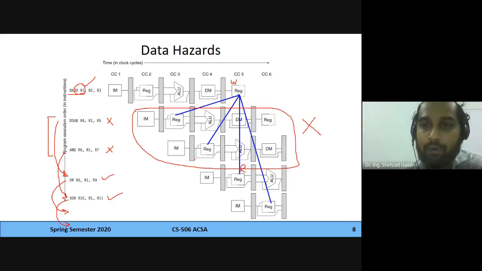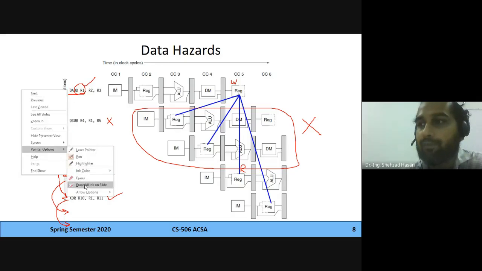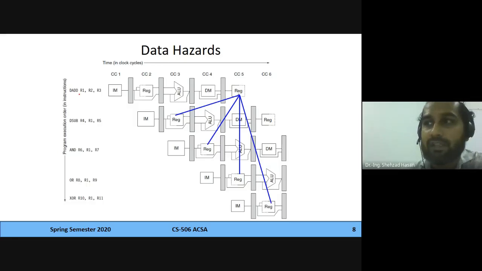If there are dependencies in the program, what the compiler can do, before that program is run, is insert no operation instructions in between the instructions of the code. If the compiler knows that an instruction producing a result and any subsequent instruction using it need to have a two instruction gap between them, it is going to insert two no operation instructions in between add and subtract.